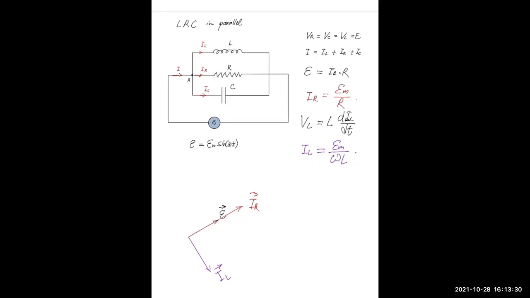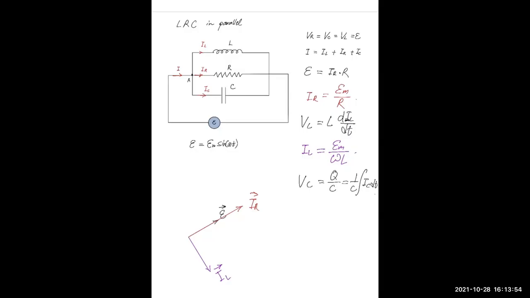Okay, similarly, I can find VC, how it's related to IC. So VC equals Q over C, and that is 1 over C times the integral of IC dt. Now if IC was a sine function, then when you integrate the sine function, you're going to get a negative cosine function.